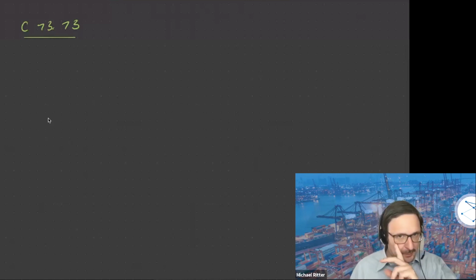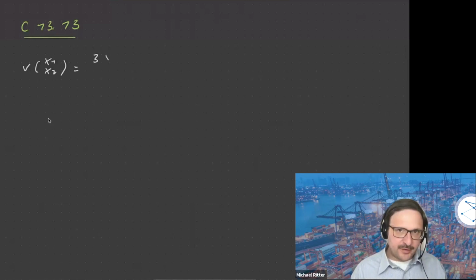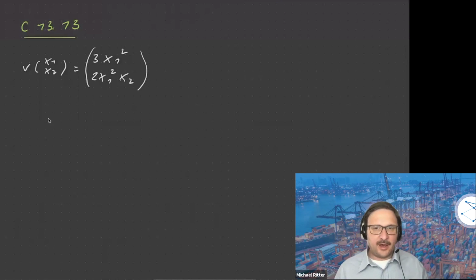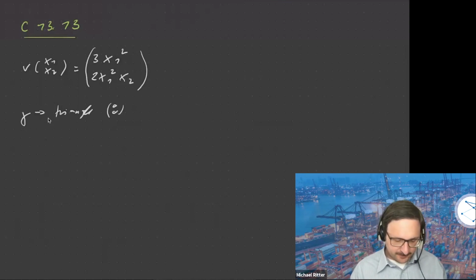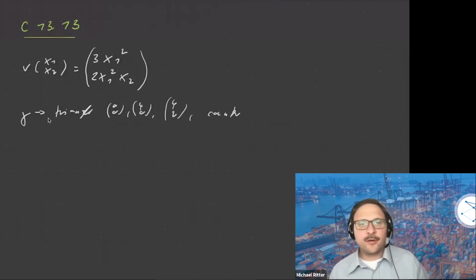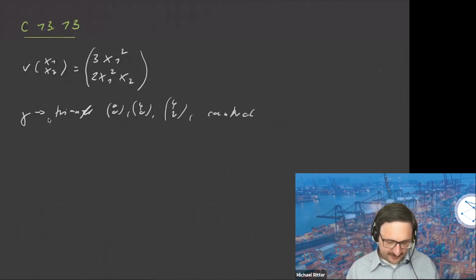And that is the vector field v, given as v of x1, x2 equals 3x1 squared and 2x1 squared x2, along the curve gamma, and gamma is defined as the triangle with vertices (0,0), (4,0), and (4,2). And the direction of the curve is counterclockwise.